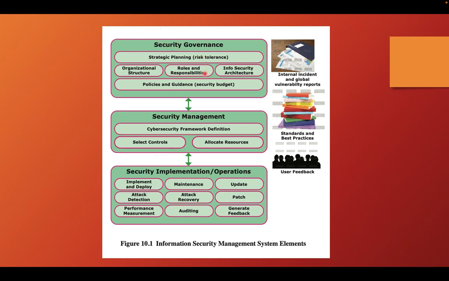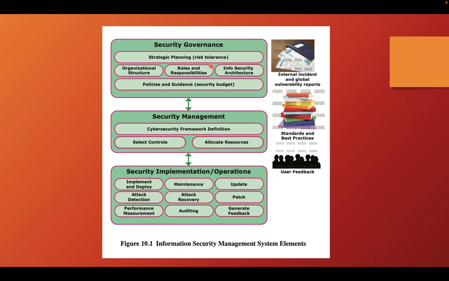So the first one is the governance. Governance is really about strategic planning and risk taking. In an enterprise, it includes the organizational structure, the roles and responsibilities of everything, and then the information security architecture, the policies and guidelines.